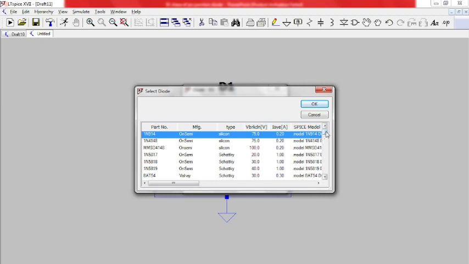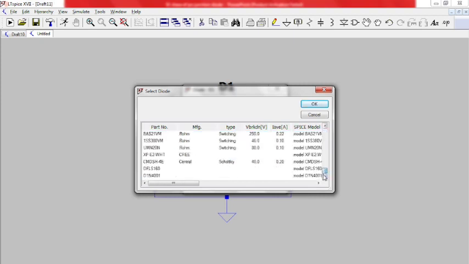In my case, I am taking the normal diode, which is 1N4001. In some LTspice versions, 1N4001 will not be available. If your system doesn't have 1N4001, there is a small shortcut to add the diode component. I will tell that also.